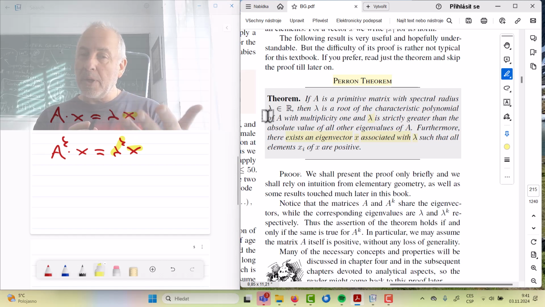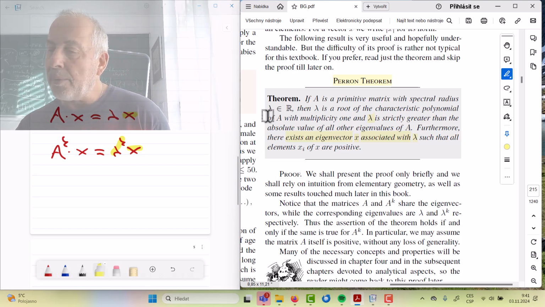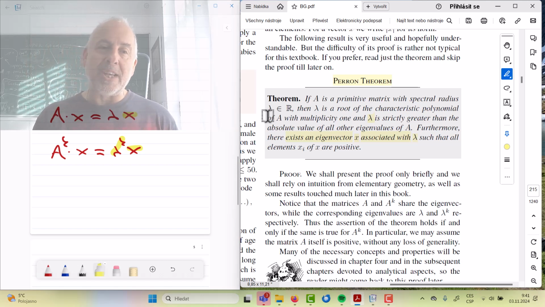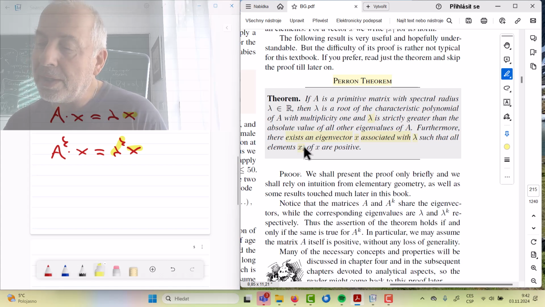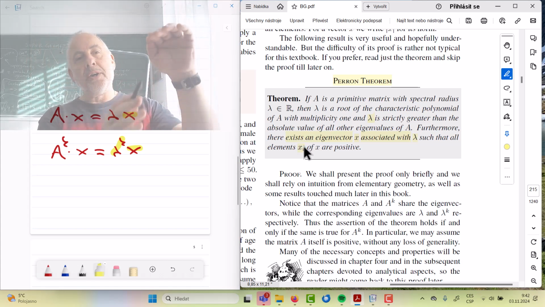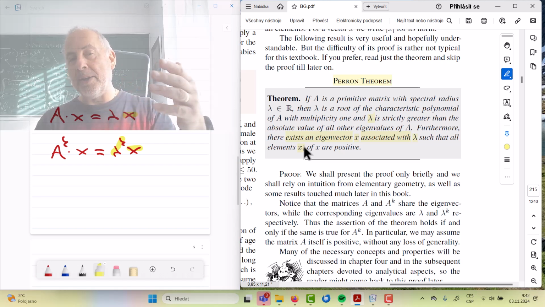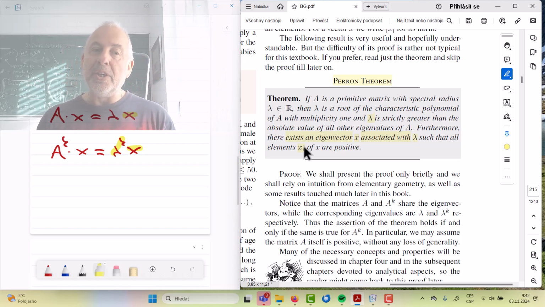And here the theorem says that the biggest absolute value of the eigenvalues is itself an eigenvalue, and it's of multiplicity 1, and all the others are strictly smaller in absolute value. And moreover, there exists an eigenvector such that all the components of the eigenvector are positive. And then taking this eigenvector, we get to the conclusion.